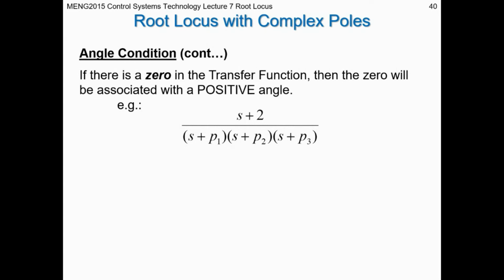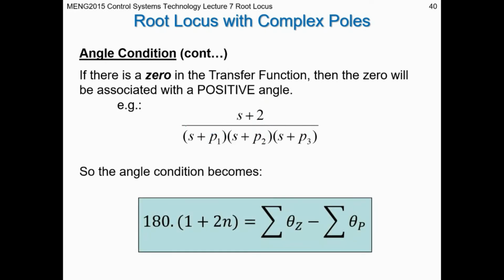Right? So here we have a transfer function with a 0 at 2. We've got P1, P2, and P3 here. These are the 3 poles. So if we were to take the argument of this transfer function, then what we would say is that it is the argument of S plus 2, minus the sum of the arguments of all your poles.